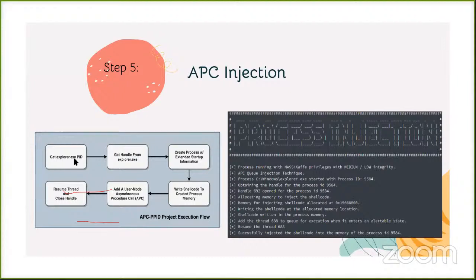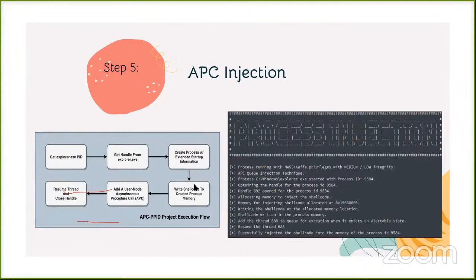We get the process ID of Explorer, and then we get a handle from explorer.exe. We can see here the Explorer process ID, which is 9584. Then we get the handle from explorer.exe. We then create a process, which will leave an address space, a process in memory.